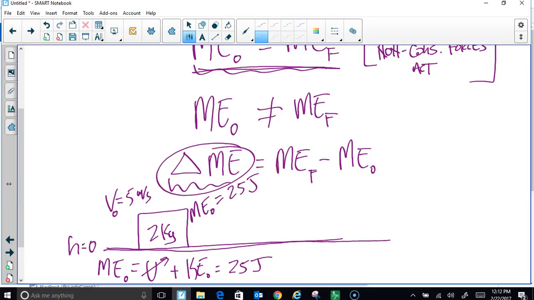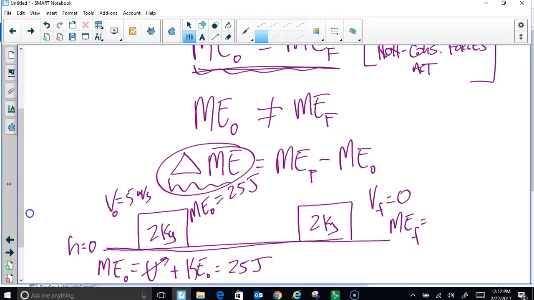But we're going to allow friction, a non-conservative force, to act on the box to the point where we'll let it do what it will. If friction's present, what it will almost certainly do eventually is come to a rest, so that its final speed is 0. What's its mechanical energy at the end? Well, remember, I can't say they're the same.